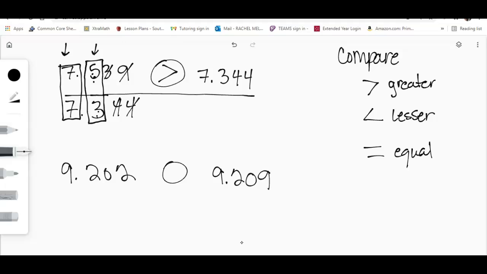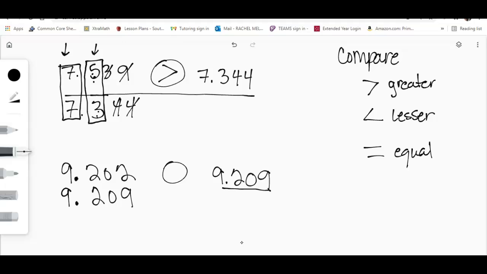So we're going to do the same thing down here. I'm going to take my second number and write it underneath my first number, making sure that I'm lining up those decimals. If you can do this without writing it like that, that's perfectly fine. You don't have to write it if you can already tell.